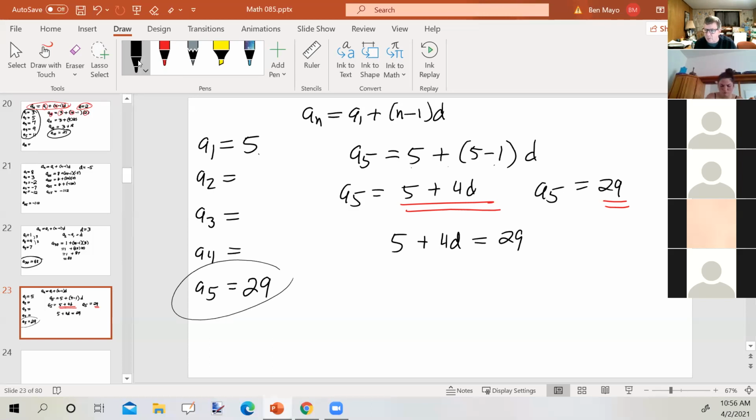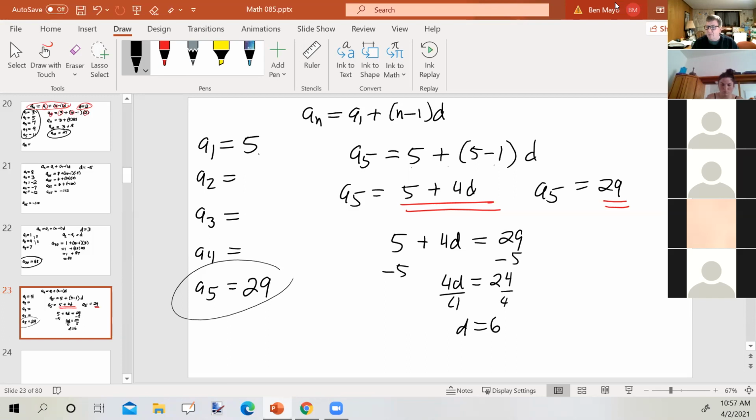You see how I got that equation? A sub 5 equals two different things, so those two things are equal. Now I can solve this equation to determine what d is. Subtract 5. 4d equals 24. Divide by 4, d equals 6.